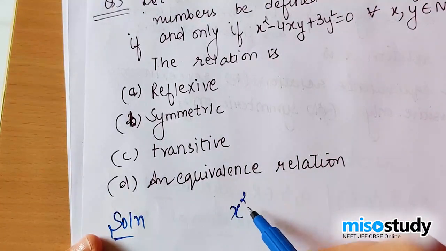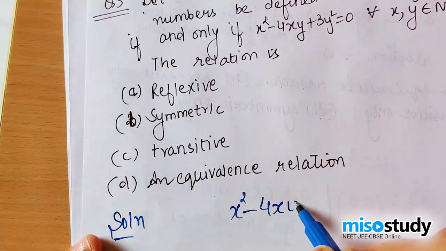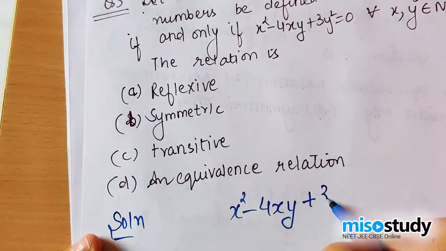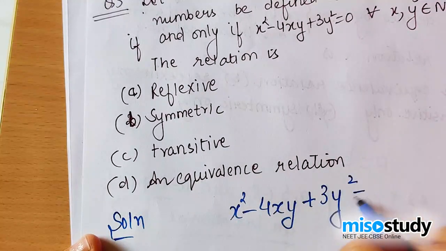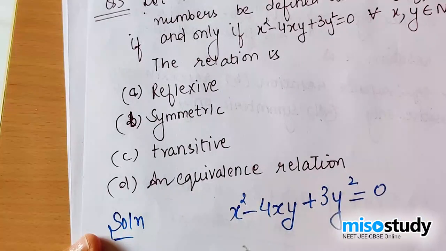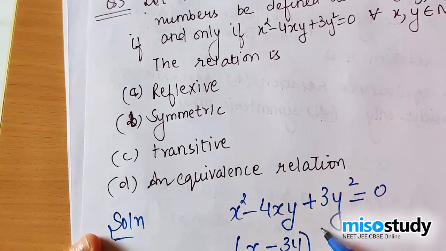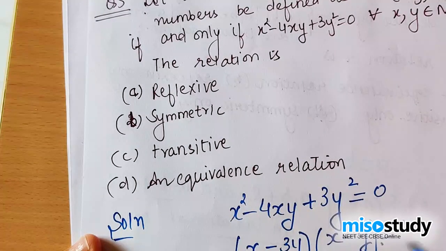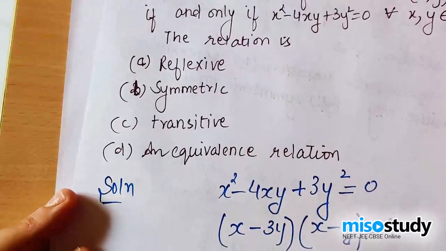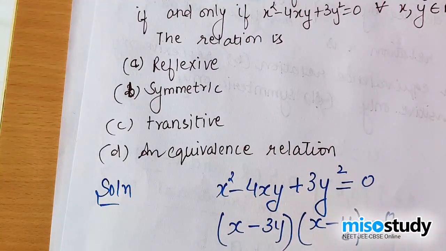So I should have this equal to 0. So let's factorize. I will have (x minus 3y) and (x minus y). The factorization of the same is this. You can check. So this is the factorization of this.